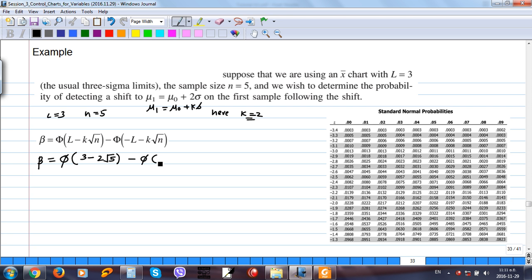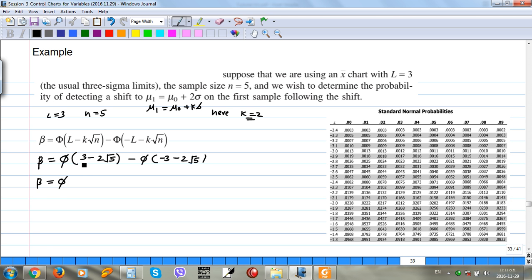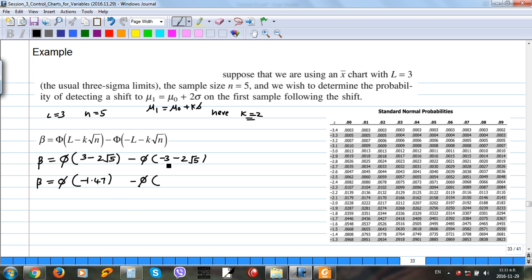Then minus 2 root 5 gives minus 1.47, and if you simplify this, it comes to minus 7.47. Then beta we can find from the normal probabilities, 1.47 minus 7.47.